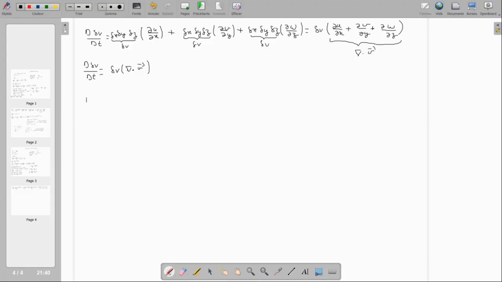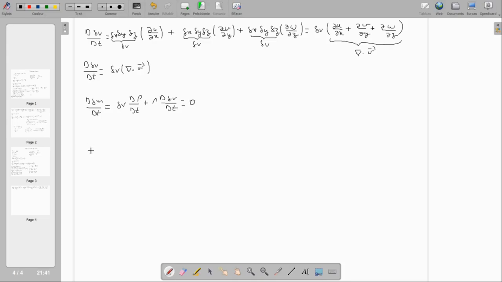So d delta m over dt equals delta v times d rho over dt plus rho d delta v over dt, which is 0.